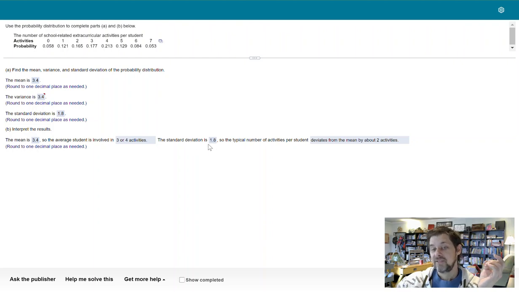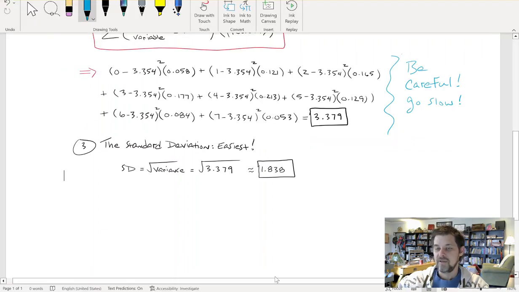If the standard deviation is 1.8, that's just about 2, so if we round that up to 2, it's safe enough to say that it deviates from the mean by about 2 activities. So whatever the mean is, I'm expecting most students to be involved in 2 more or 2 less, because that's 1 standard deviation from the mean. Okay, so that's the interpretation that those numbers have on top of everything else.